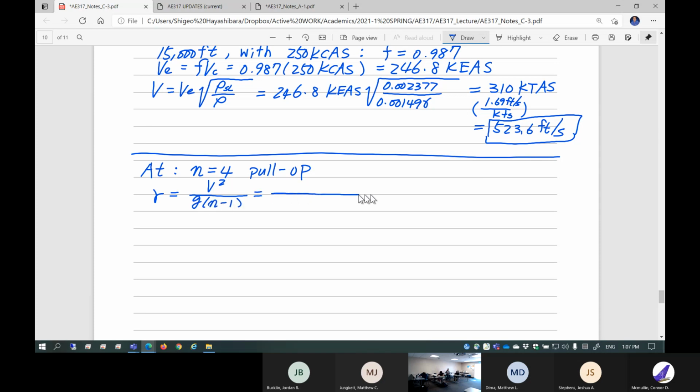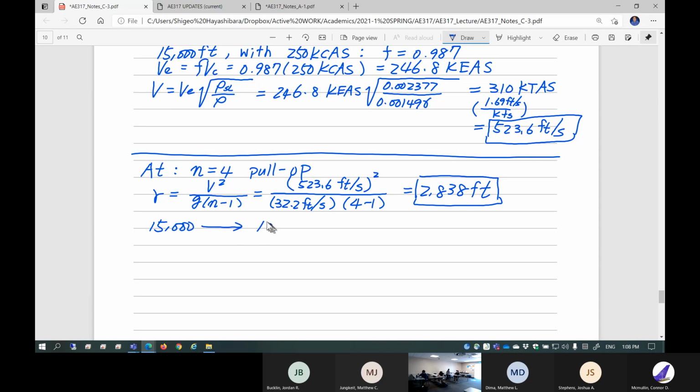So you just simply plug in 523.6 feet per second squared, g is 32.2 feet per second squared, n is 4, 4 minus 1. This is going to be 2,838 feet. This is the radius, almost like 3,000 feet. That's why you are going to start with 15,000 feet and go to about 18,000 feet.